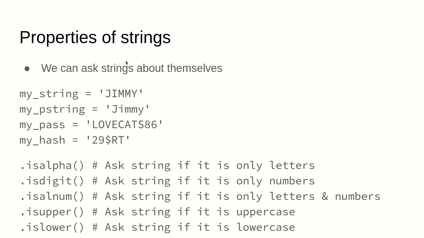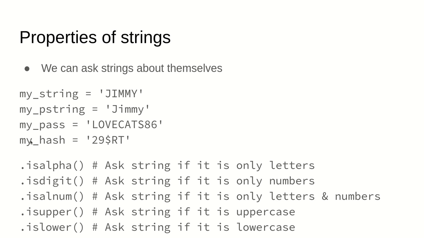Here are some examples of strings that vary a little bit in what they contain and what their characters are like in terms of features. And we have many different methods with strings to ask questions about the features of that string.